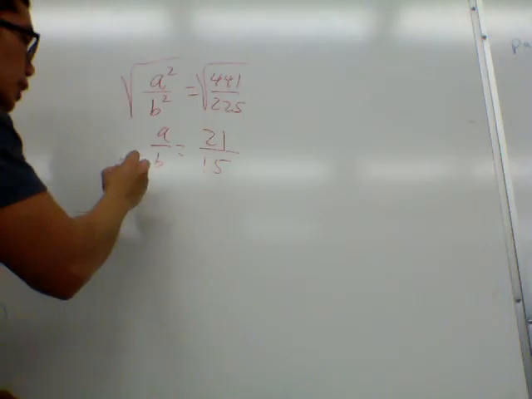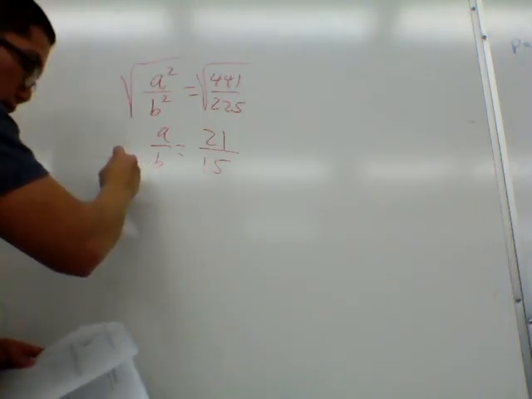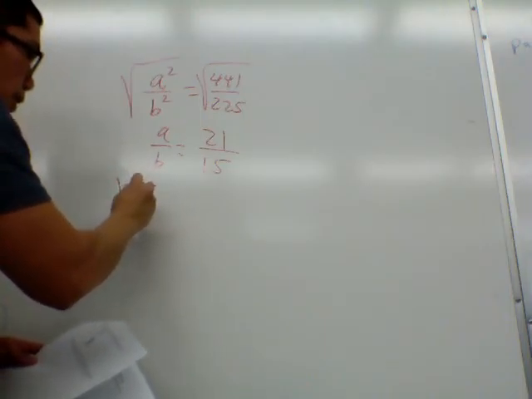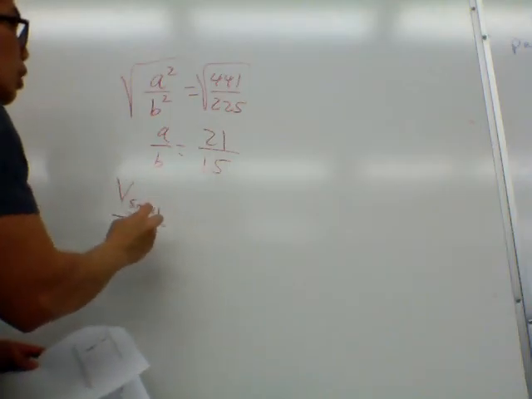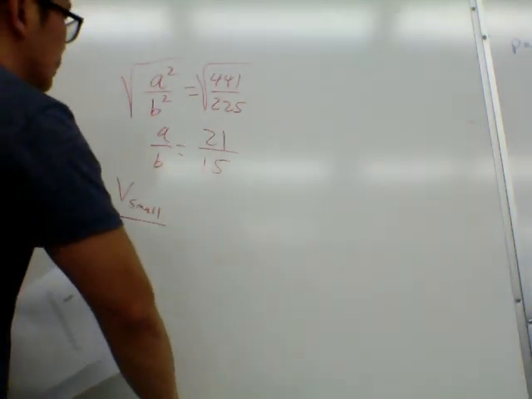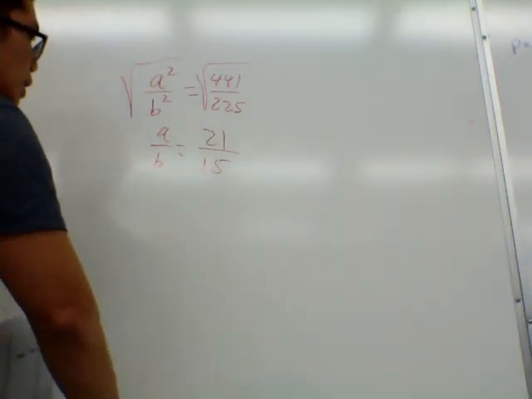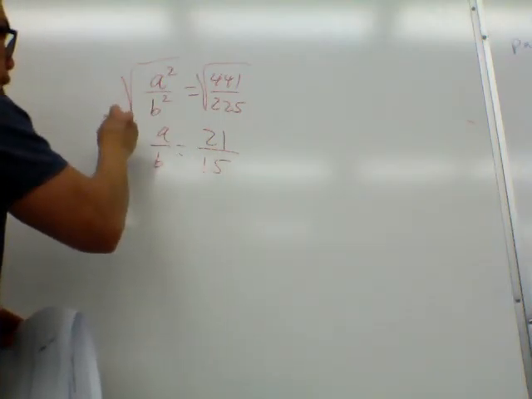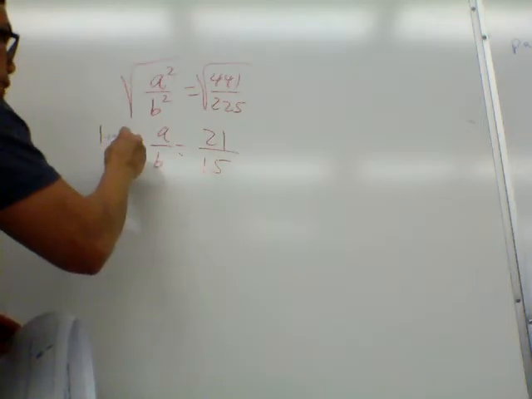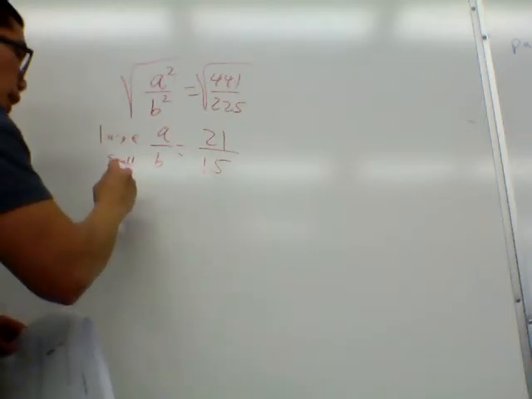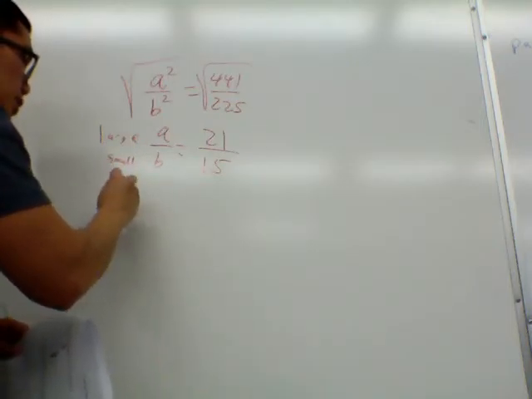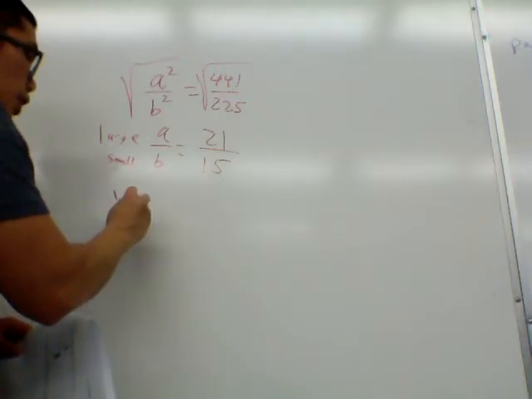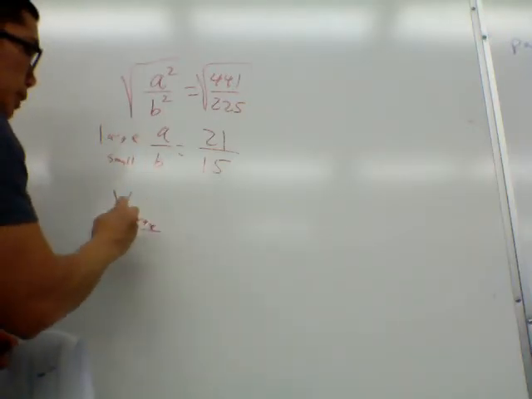Now, what I'm going to do is say the volume of the small. Note that the large is on top and the small is on bottom. Okay? So let's actually do V large because I want to keep large on top and small on the bottom.